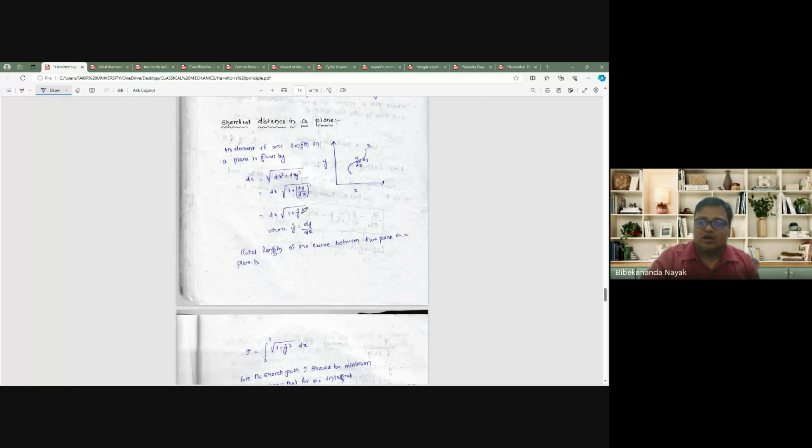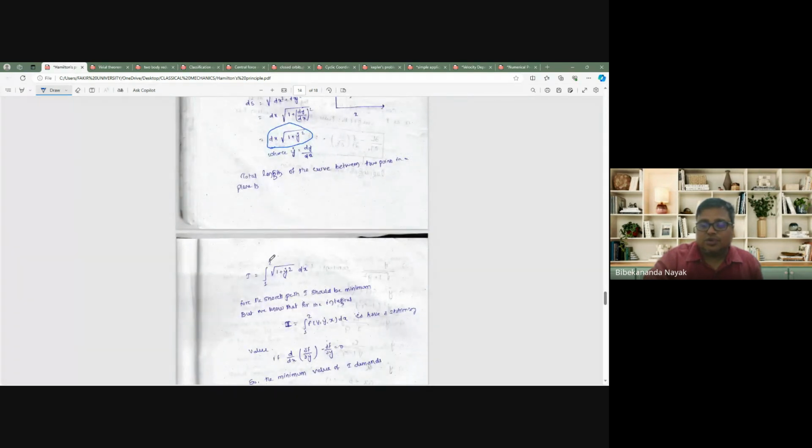Take dy by dx as y dot. Here x behaves like t, because there the parameter was t and here the parameter is x. So y dot is the derivative with respect to x. This is your integral of ds, and for the actual path of motion, the integral from 1 to 2 should be minimum.